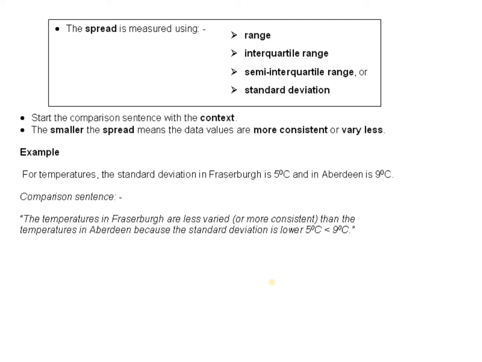Here's our sentence: the temperatures in Fraserburgh are less varied than the temperatures in Aberdeen because the standard deviation is lower. 5 degrees C is less than 9 degrees C. We can also say the temperatures in Fraserburgh are more consistent than the temperatures in Aberdeen because the standard deviation is lower. Or the temperatures in Fraserburgh are less spread out than the temperatures in Aberdeen because the standard deviation is lower. So there are different ways that you can say the same thing.